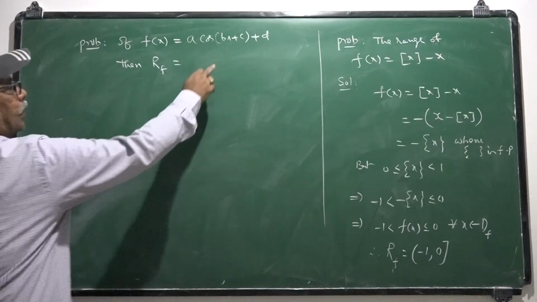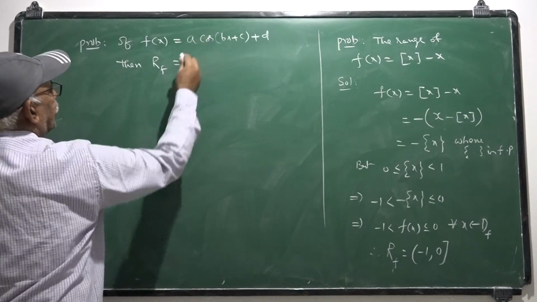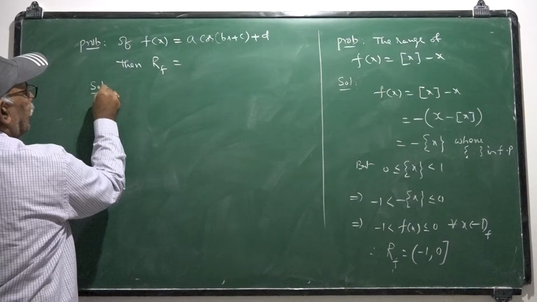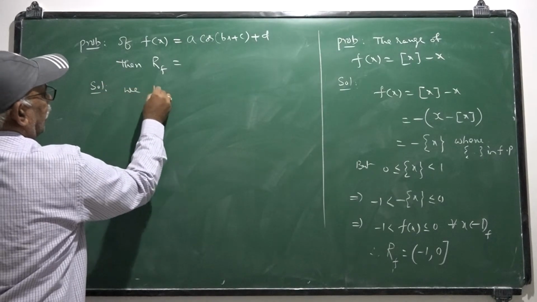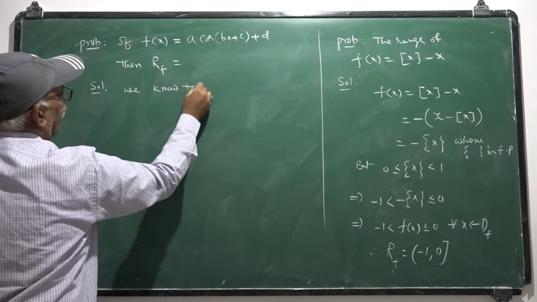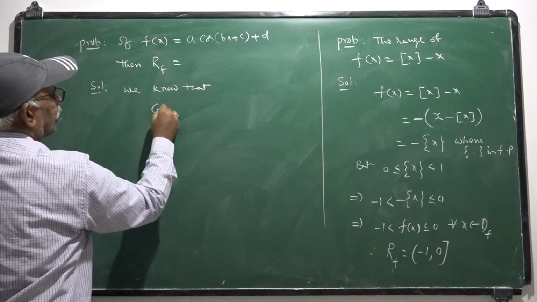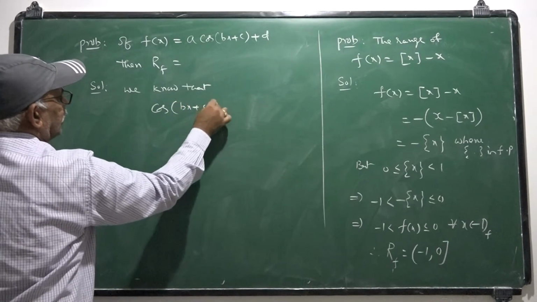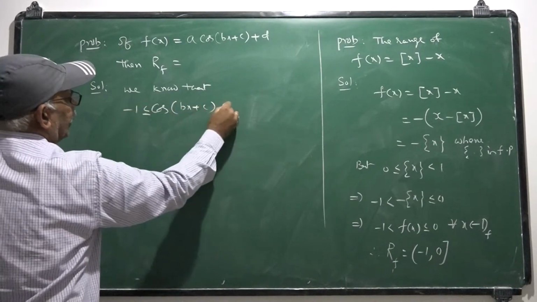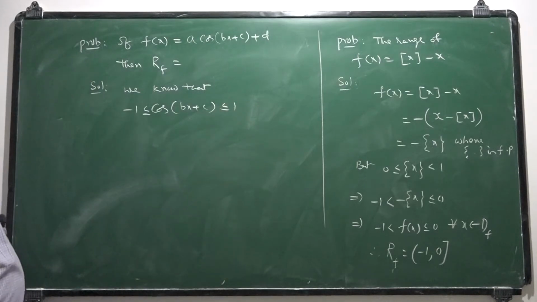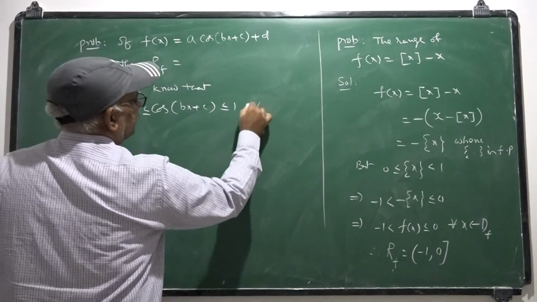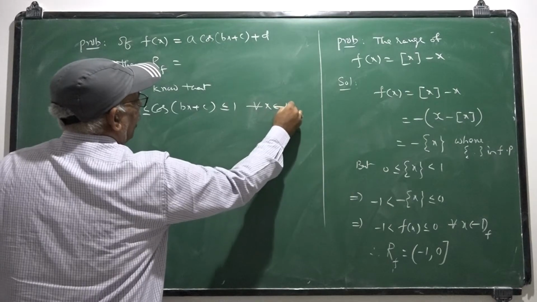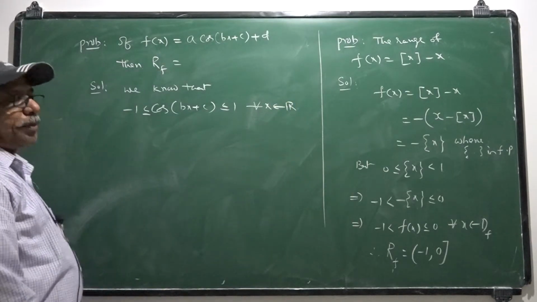For every real value of x, the cos function lies between -1 and 1. Hence, for every real value of x, cos of (bx plus c) lies between -1 and 1 for all x that belongs to R itself, real numbers.